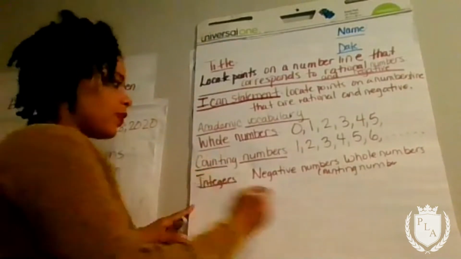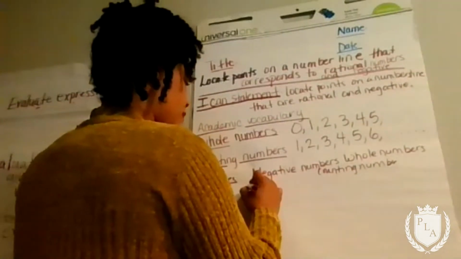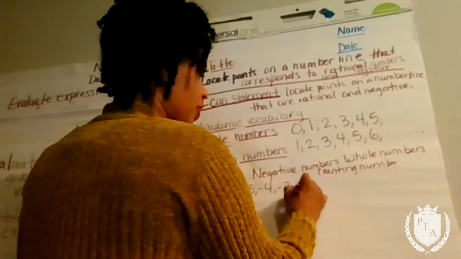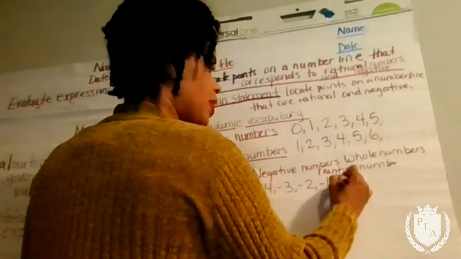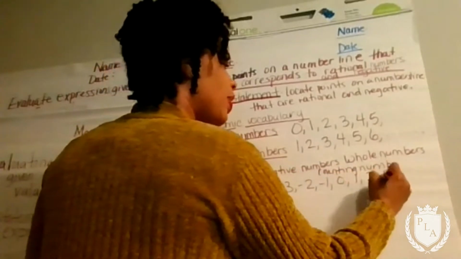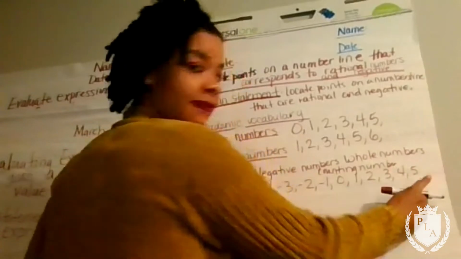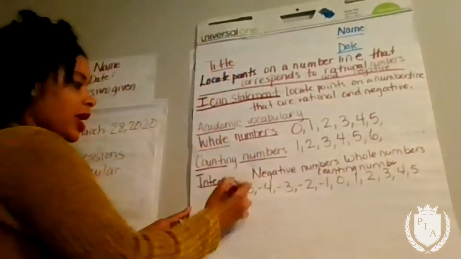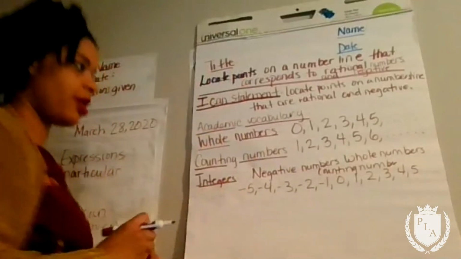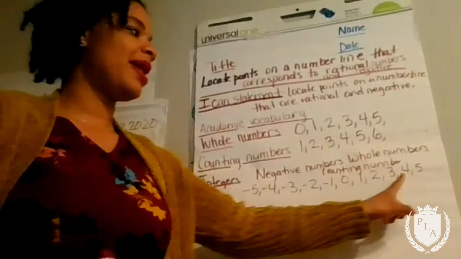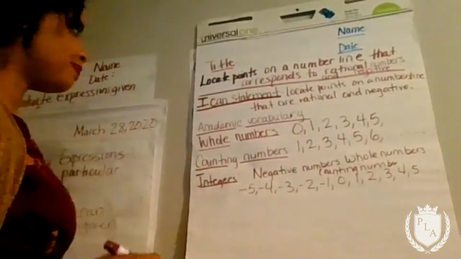Okay, so those include -5, -4, -3, -2, -1, 0, 1, 2, 3, 4, and it goes to infinity here, and it goes to negative infinity here. So it's our negative numbers, 0, and our whole numbers, okay?